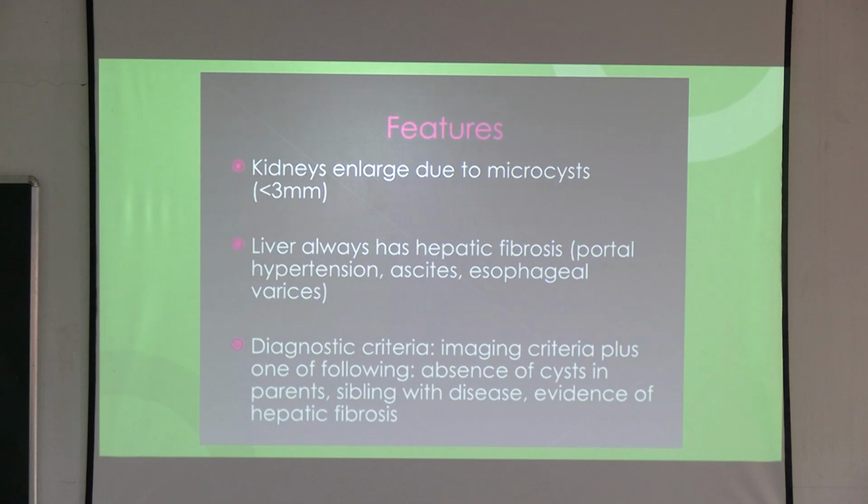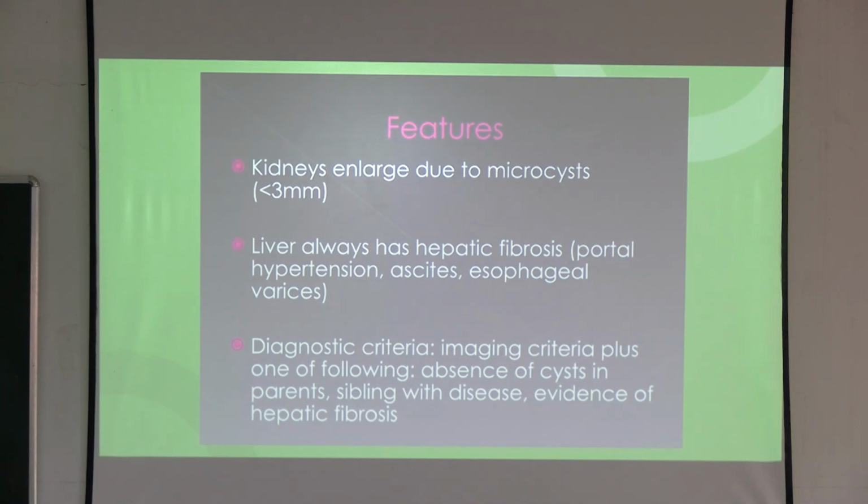Autosomal dominant polycystic kidney disease has a mild outcome, undiagnosed or unnoticed until the age of 40, but autosomal recessive polycystic kidney disease, that is ARPKD, has a more grave prognosis, okay? And because of involvement of the liver in terms of hepatic fibrosis, portal hypertension, ascites and esophageal varices, okay?